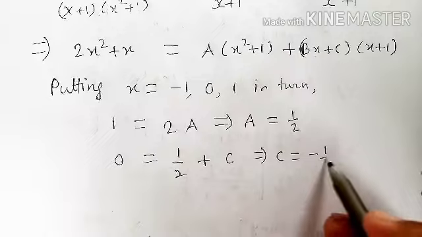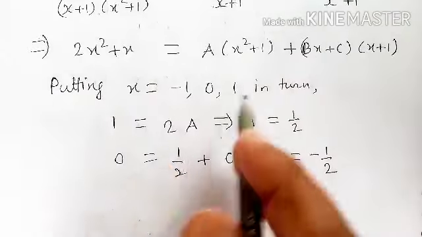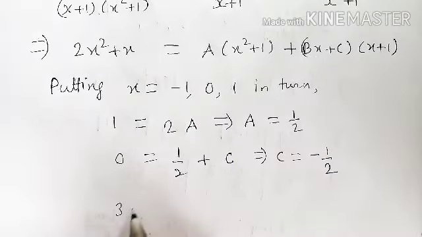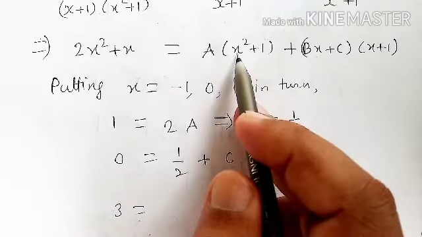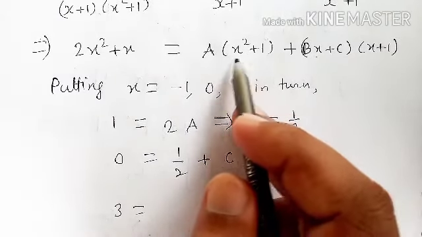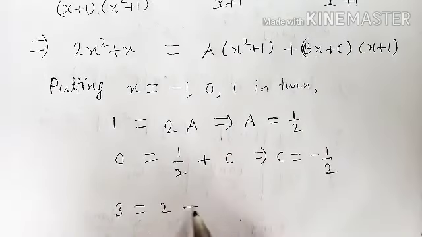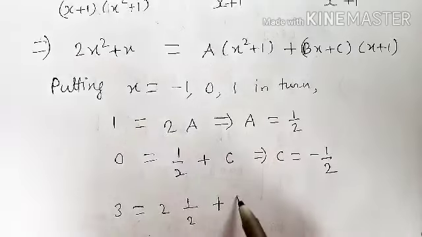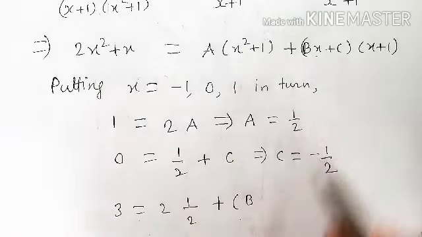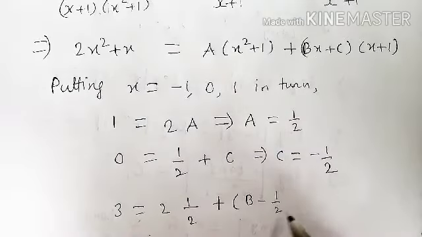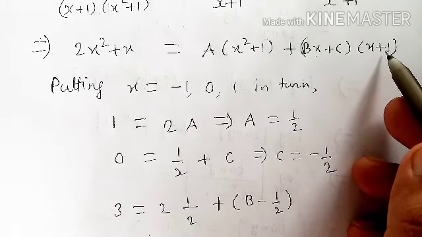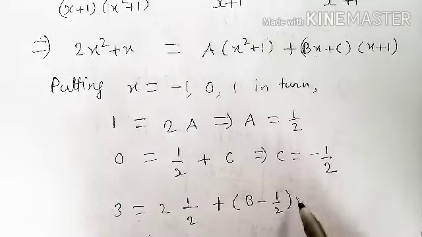This implies that C = -1/2. When we put x = 1, then 2 + 1 is 3. Here we have (1 + 1), 2A, A is 1/2, plus (B + C)(1 + 1), with C = -1/2.